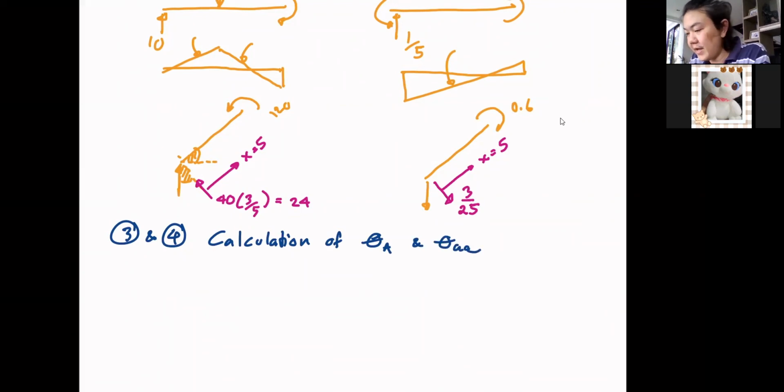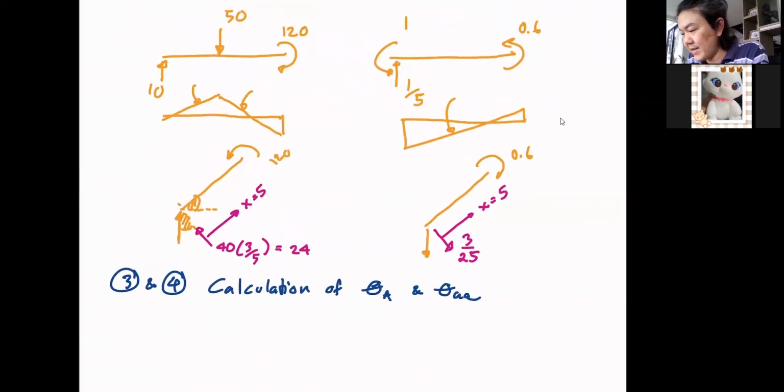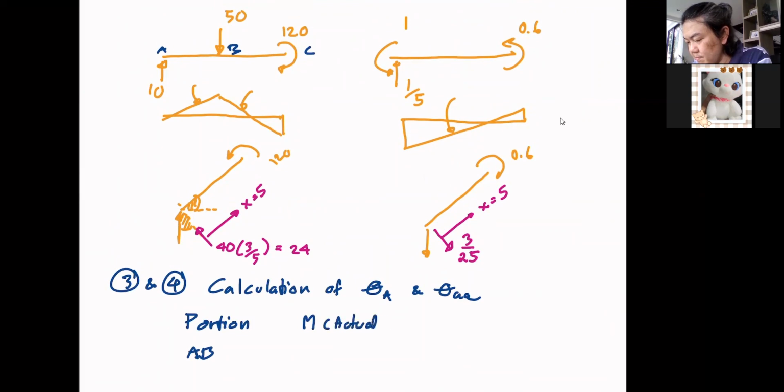Okay, so I have 3 portions so that you can see that. This time I need to break this into A, B, and C. Okay, so the portion AB, the big M, which is the actual moment, this time it's just 10x, right?